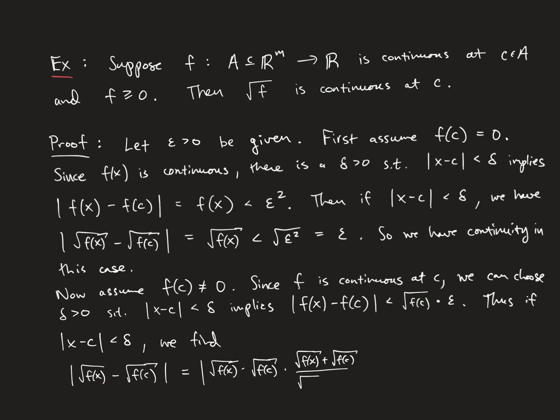Just repeating our scratch work now. That equals the absolute value of f at x minus f of c over square root of f at x plus square root of f at c.